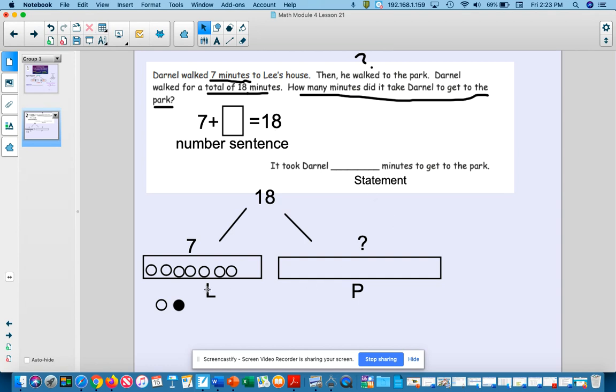Okay? All right, so now we're going to use our circles. We're going to count on to find out our mystery number here. So we already have 7 in here.